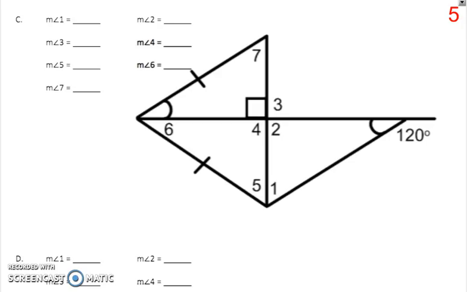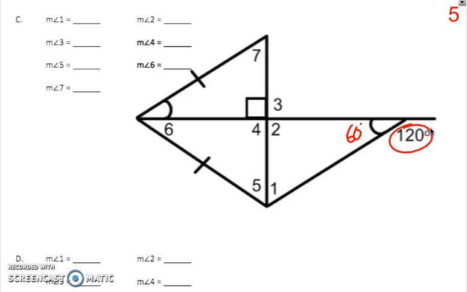All right, on side 5, letter C. When we're doing these angle puzzles here, let's see what we've got. I see that there's 120 degrees on the right-hand part of this puzzle. I know I have a linear pair, so I'm going to take 120 and subtract that from 180, so this angle right here has to be 60 degrees.